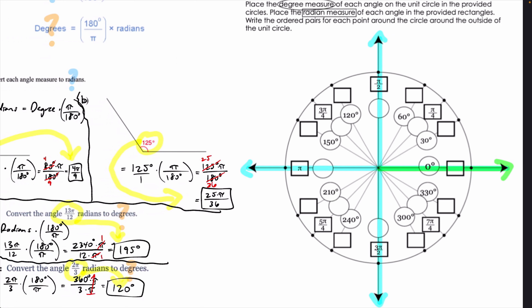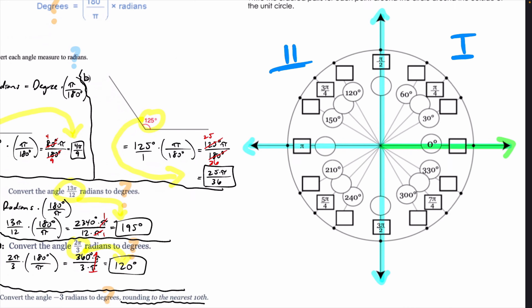A graph has 4 quadrants, 4 sections. So this guy is quadrant 1. We call it quadrant 1. Anything in this quadrant, anything in that 90 degrees is quadrant 1. And then we have quadrant 2, quadrant 3, and then quadrant 4. Okay?